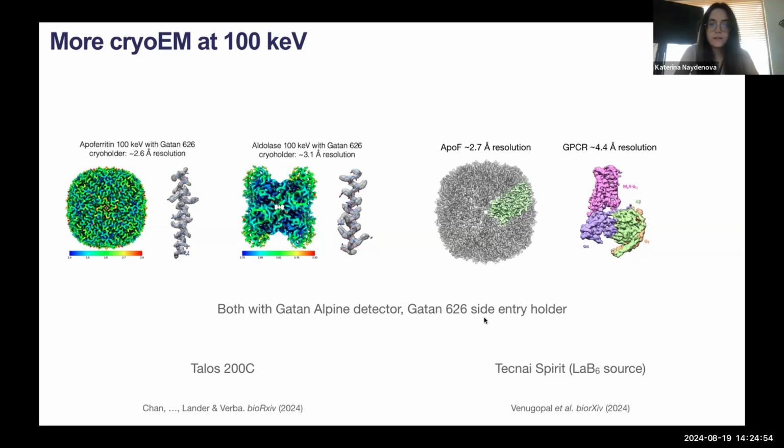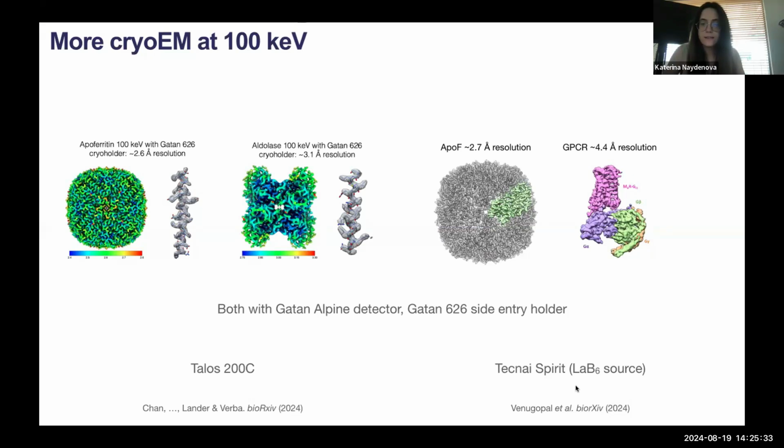They also used the GATAN 626 side entry holder like us, but they used a different detector, the GATAN Alpine detector from the same manufacturer that makes the K3 detectors, which is also specifically designed for 100 keV. Even more recently, another study from an Australian group was published, which is slightly different because they use a microscope that does not even have a field emission gun. Instead, it has a LaB6 source. There you have to take an even bigger penalty for energy spread and chromatic aberration, because the LaB6 source has a bigger energy spread than the field emission gun.